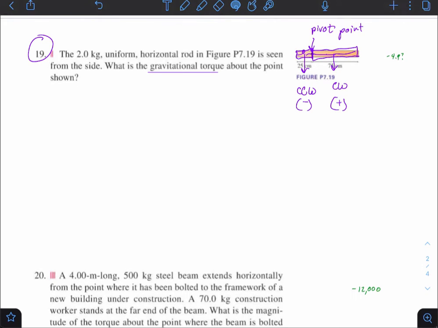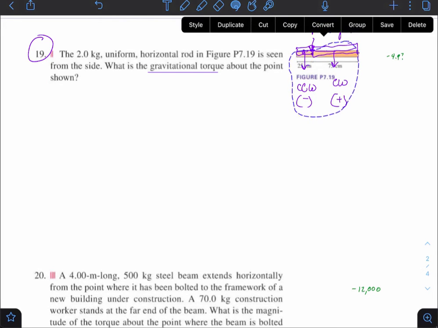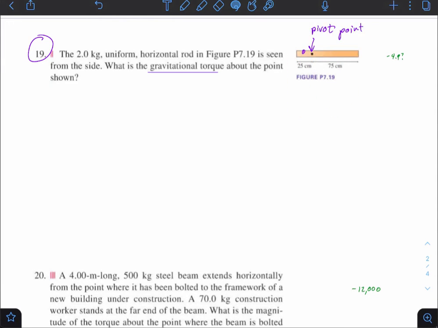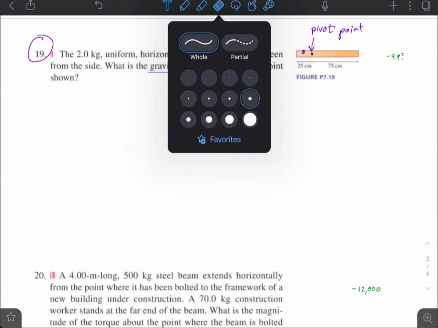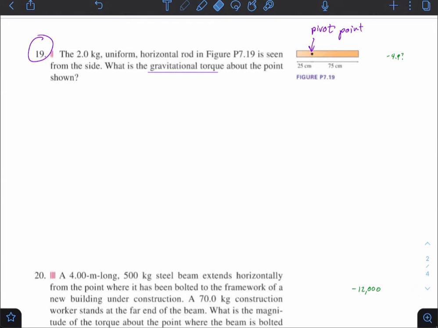But the much simpler way is, again, we can treat it all as a single solid object and say, hey, this whole rod is being pulled down at its total center of mass, which is at the 50 centimeter mark.